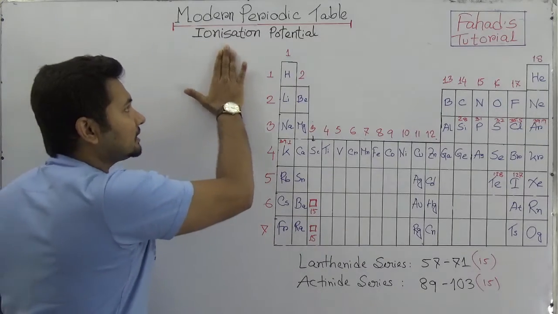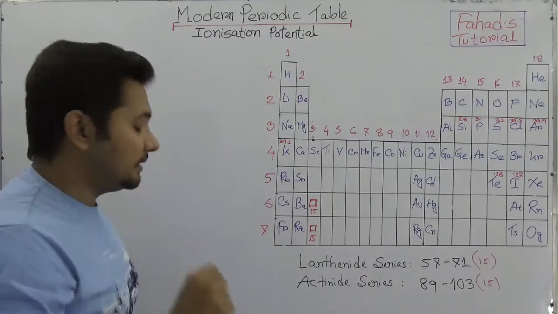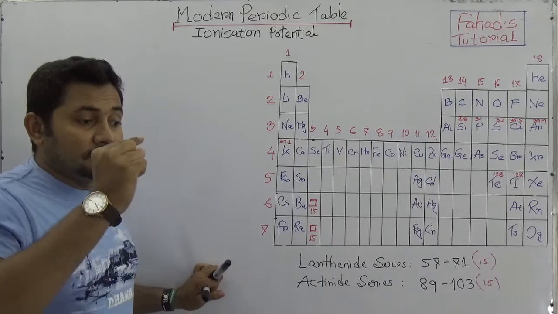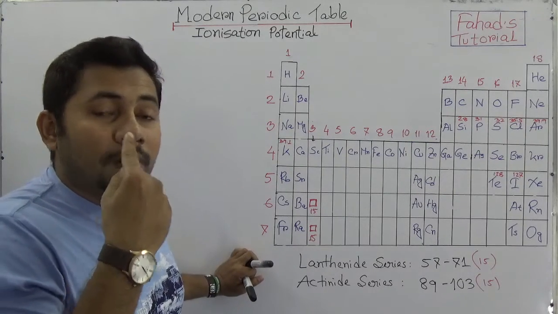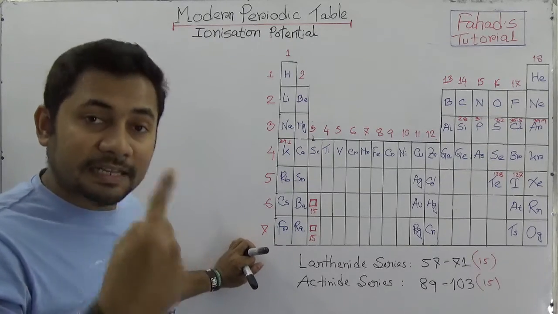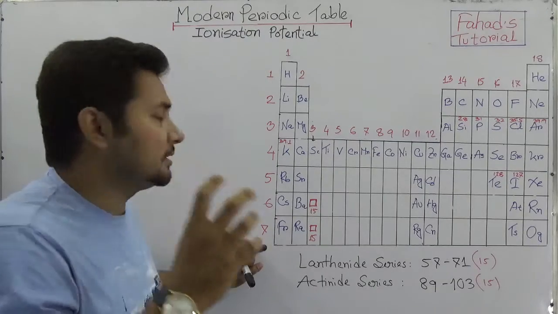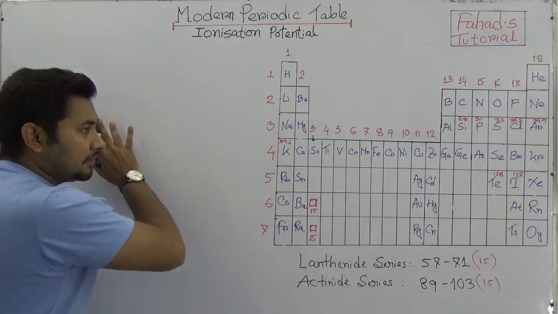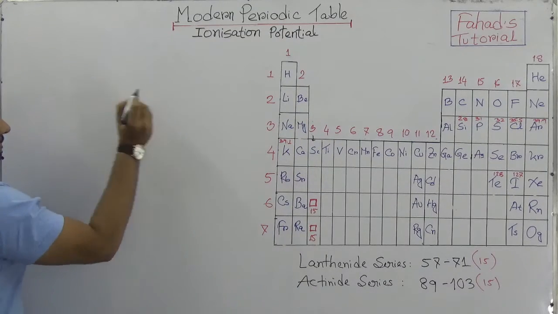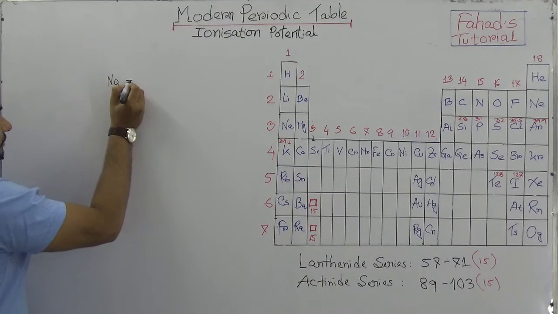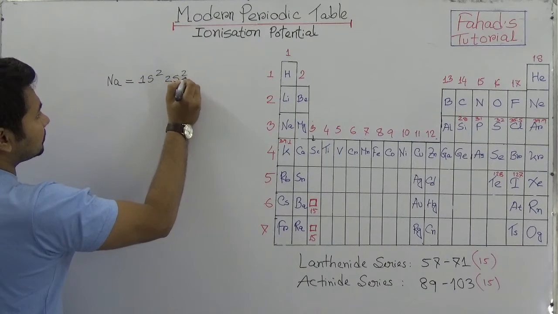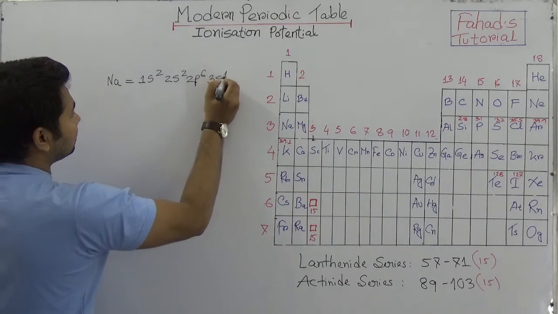To understand this, we need to think about the energy required to transform an element into one positive ion by removing one electron. Why do we need to think about it? Suppose, as I have been explaining since first class, period number 3. In sodium, the electron configuration is 1s2, 2s2, 2p6 and 3s1.